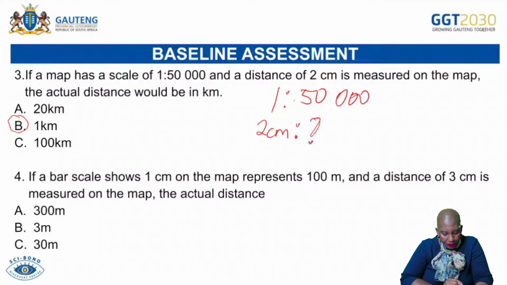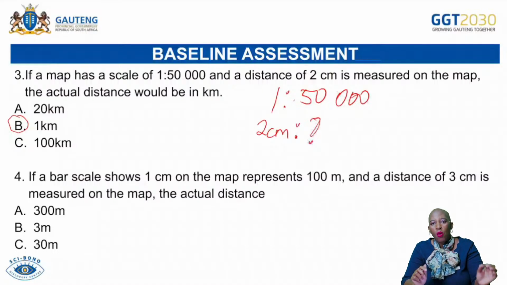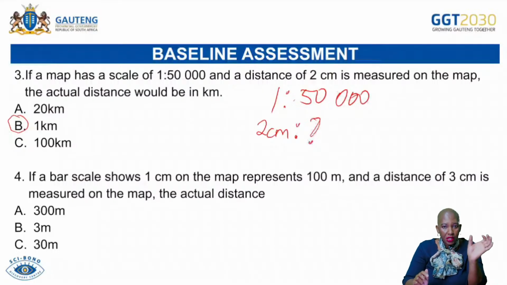Number 4, if a bar scale shows 1 centimeter on the map represents 100 meters, meaning when they measure 1 centimeter, it represents 100 meters in reality.